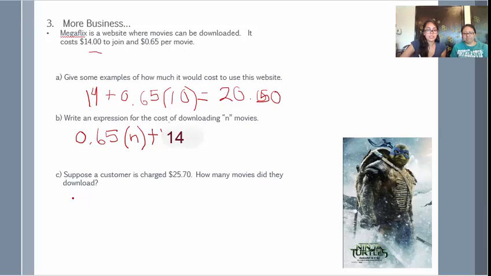Yeah. Suppose the customer is charged $25.70. How many movies did they download? So we said that N is the number of movies, so let's rewrite the expression. So we had 14 is the fixed rate, plus 0.65. We don't know the number of movies, so we're going to put N. And he was charged $25.70. So we just want to isolate N. Subtract 14 from both sides.